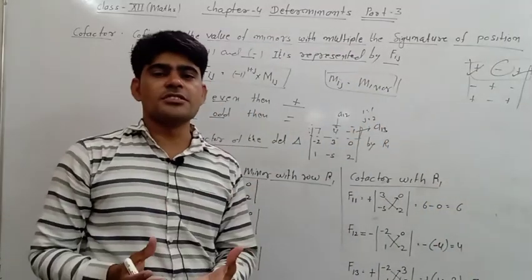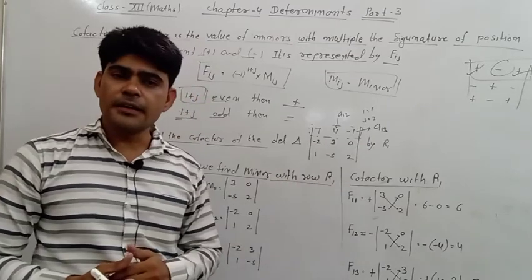What is the difference between minor and cofactor?